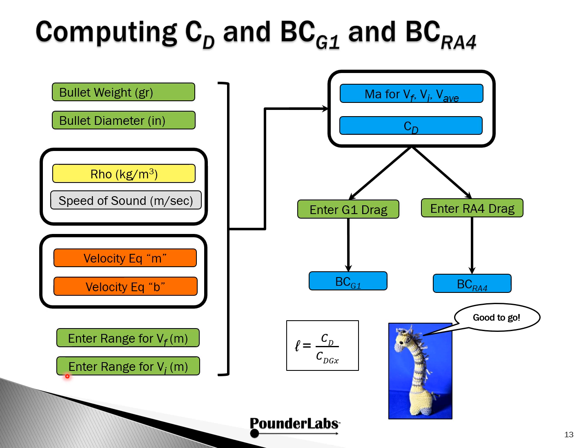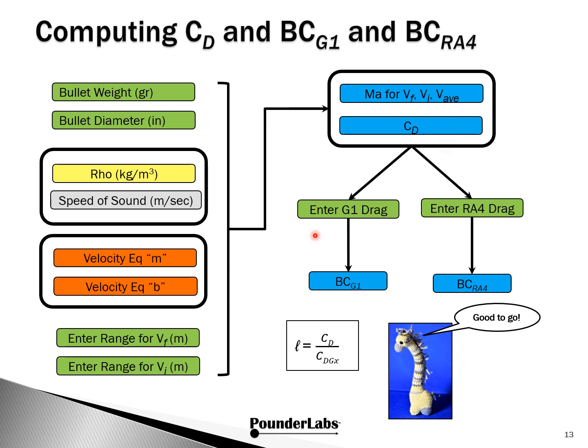It's important to remember when selecting these values to make sure you're within the actual range of physical data you have. So you don't want to be picking values that are way outside the range from which you measured. But once that's done, the formulas go through and we get the Mach numbers for the final velocity, initial velocity, average velocity, and the coefficient of drag.